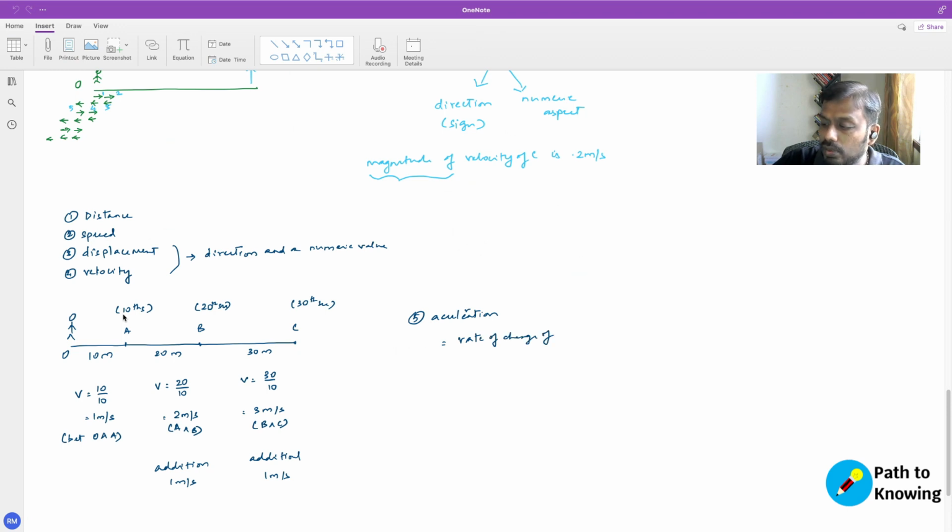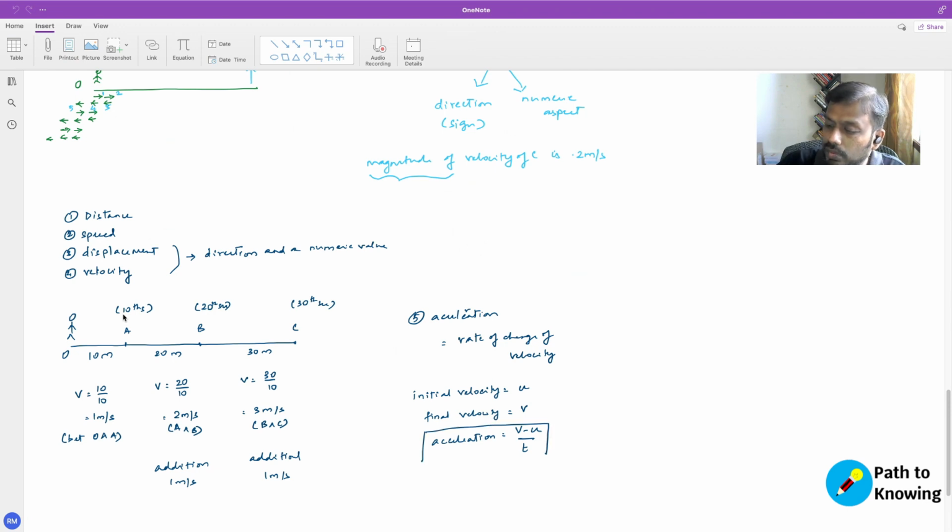Which means that if the initial velocity of the object is considered as u, and the final velocity of the object is considered v, then acceleration is equal to v minus u by t, where t is the time measured between u and v. So this is your acceleration.